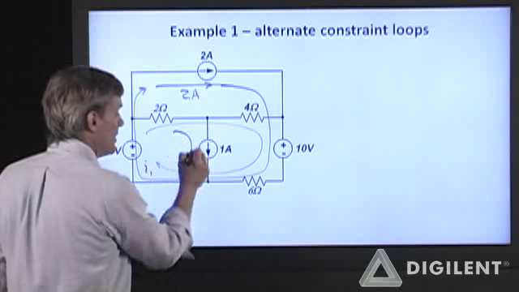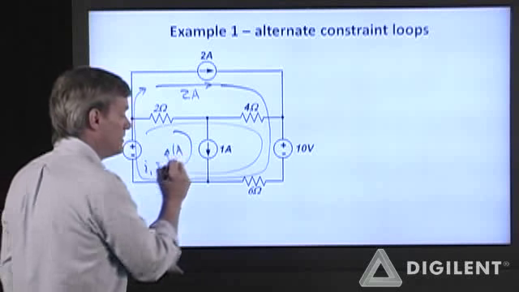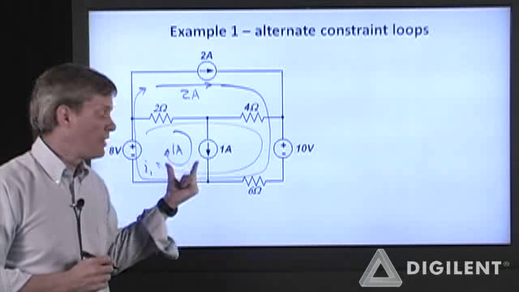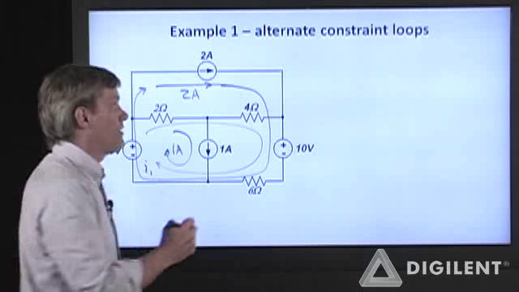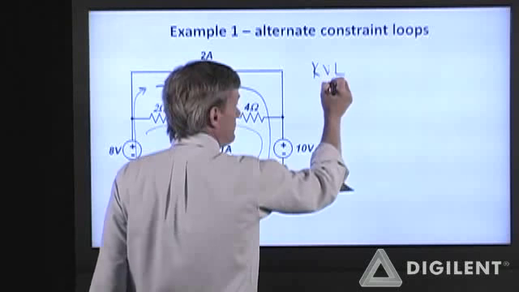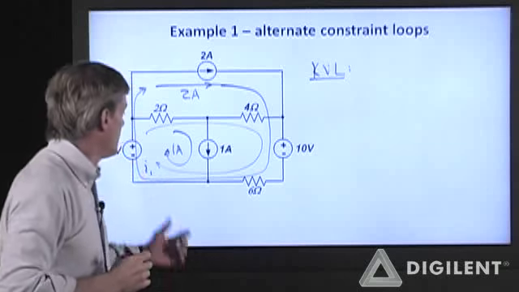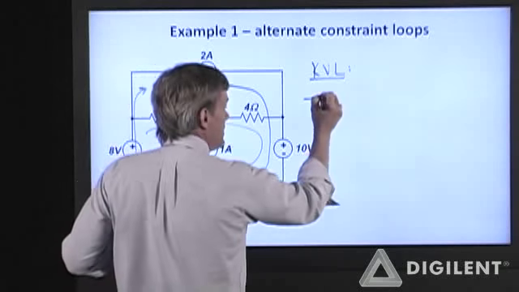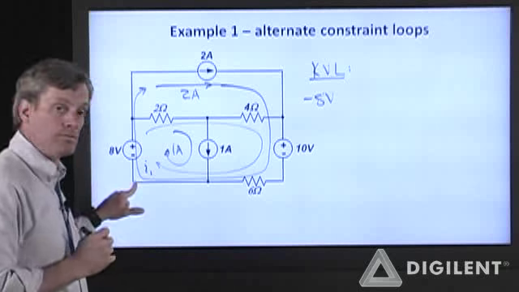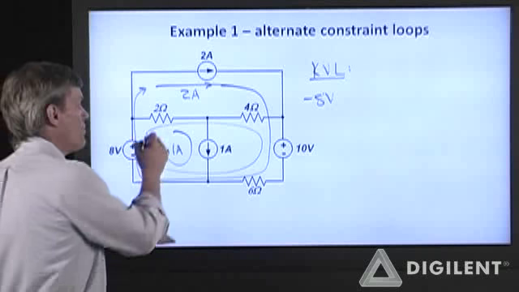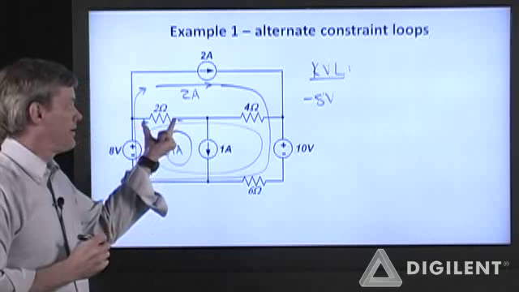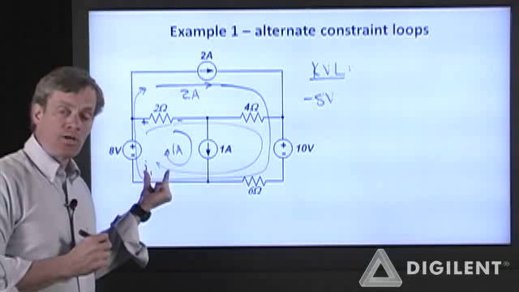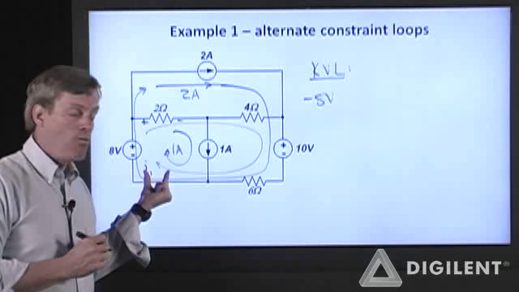Let me keep this one the same. So I have the same choice for this one as before. Now if I do KVL, I'm going to start at the lower left-hand corner again. I have a negative 8 volts. Coming into this 2 ohm resistor, its voltage polarity still has to agree with the direction of current I1.